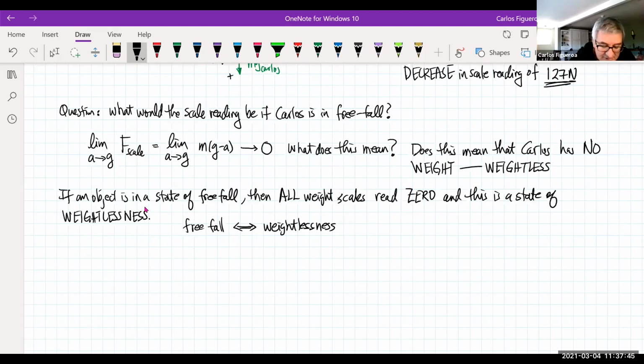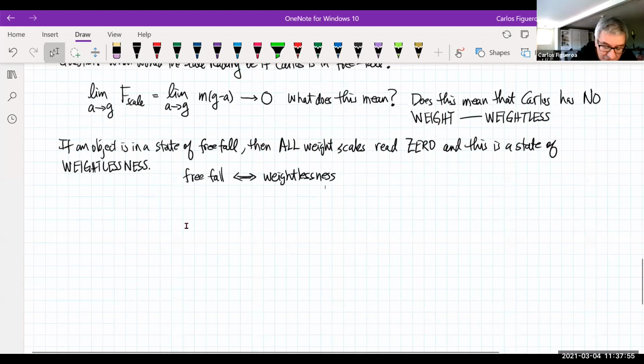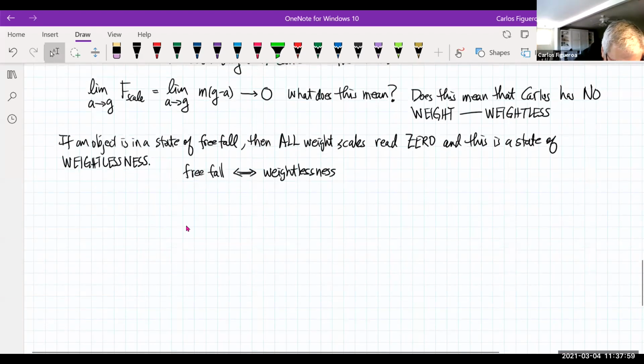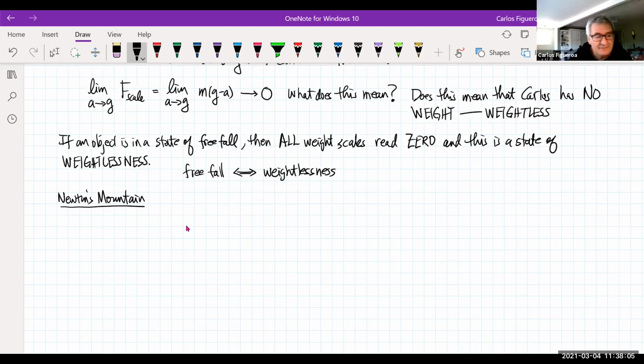So the question is, how do you get into this state of weightlessness? The master, Newton, was the guy who figured it out. It's known as Newton's mountain. He literally has this in his Principia, which was published in the 16th century.